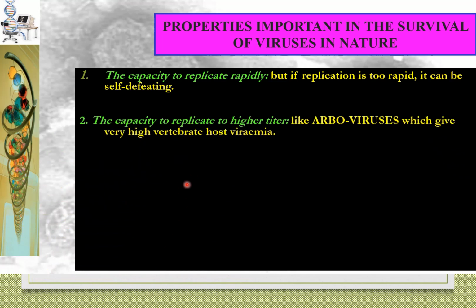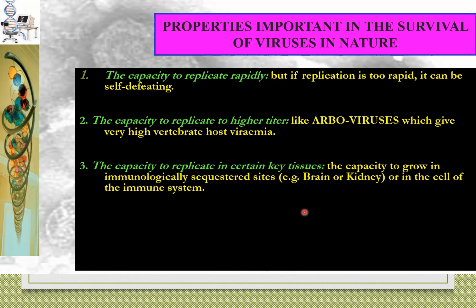The capacity to replicate to high titer, like arboviruses, which give very high vertebrate host viremia. The capacity to replicate in certain key tissue, the capacity to grow in immunologically sequestered sites, like brain, kidney, or in the cells of the immune system.